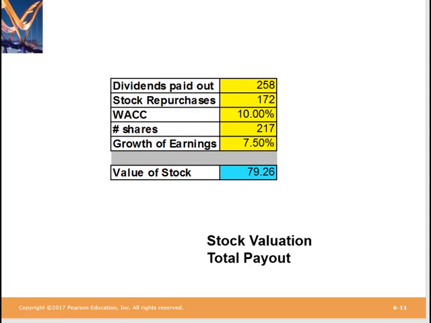We said that they're going to pay out 30% of their earnings. 30% of 860 is 258, and the other 20% of their earnings, they're going to pay 50% of their earnings, 50% of 430. 30% of that is $258, and 20% then is the amount of repurchased stock.